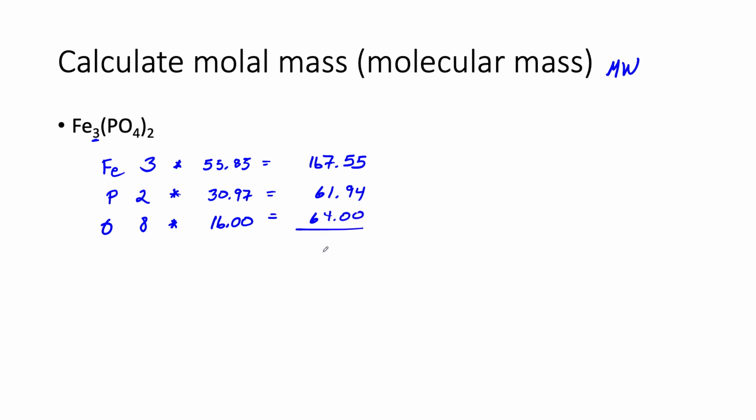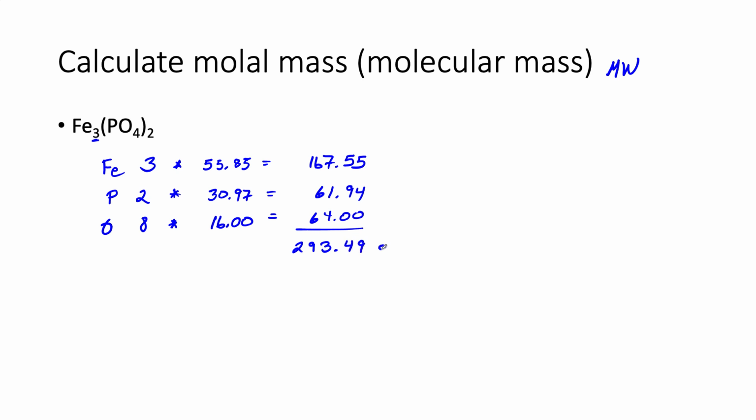Now we're going to add these up. So 64 plus 61.94 plus 167.55, and you're going to get, hopefully this is right, 293.49.